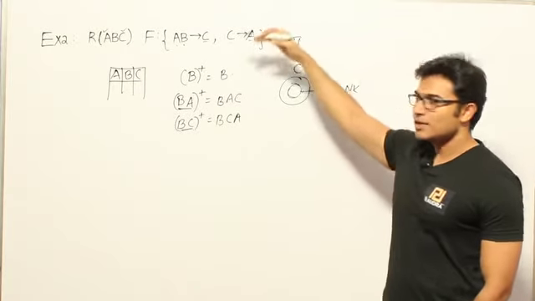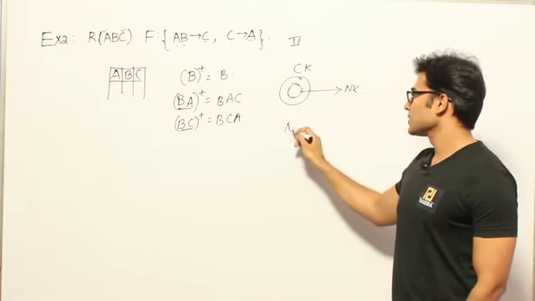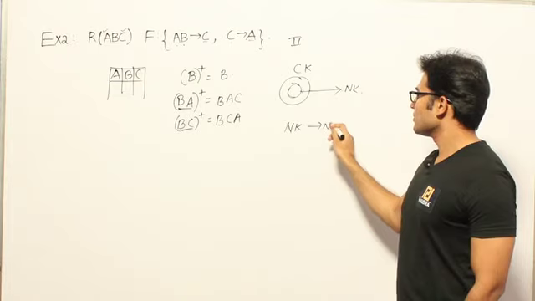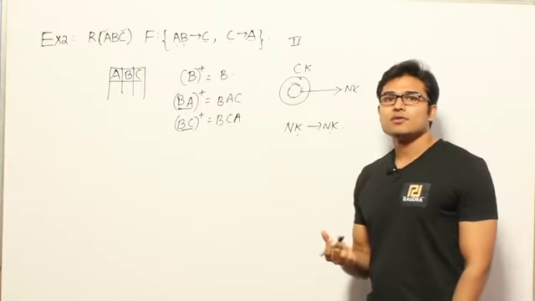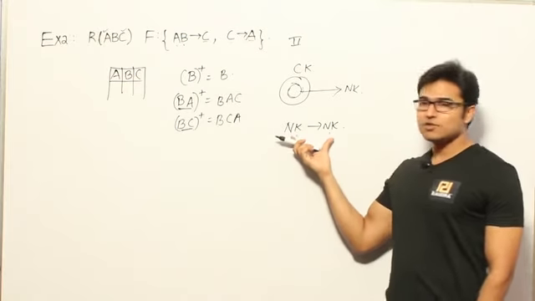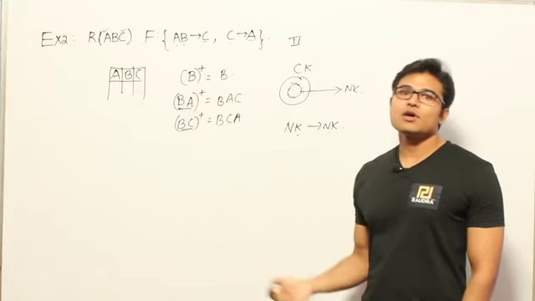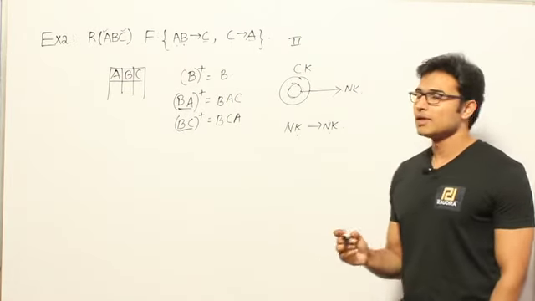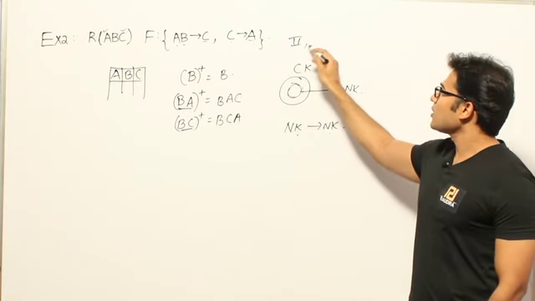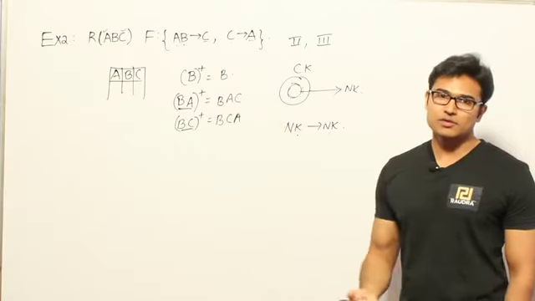If the table is already in second normal form, you can check the third normal form by checking whether non-key attributes are determining non-key attributes. If this is the case, then we can say that the table is not in third normal form, but there are no non-key attributes at all here, so there is no way you can get any such functional dependency in this relation. Therefore, the table is not violating third normal form as well, so it is in third normal form also.